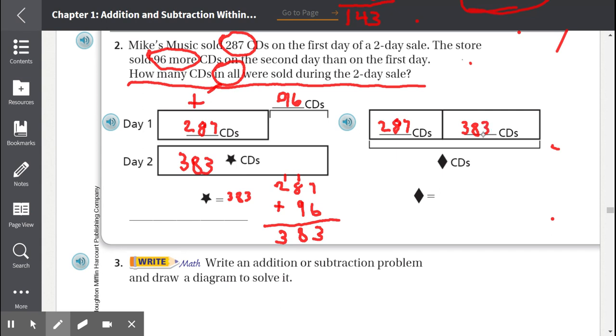Now that we have the total, we add them together. 287 plus 383.